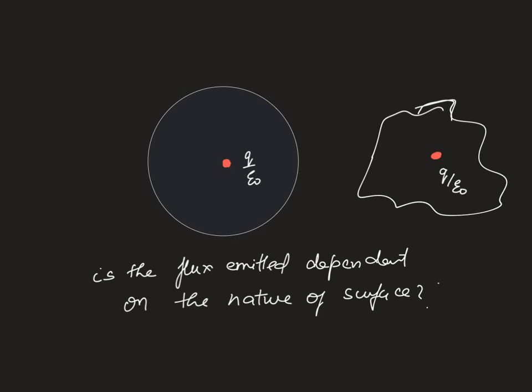So if flux is independent of the nature of surface, independent of the direction of surface, independent of anything whatsoever, we say that flux is an absolute scalar quantity. And there are more things to it, but for now we will take flux as a scalar quantity. Flux is a scalar quantity.